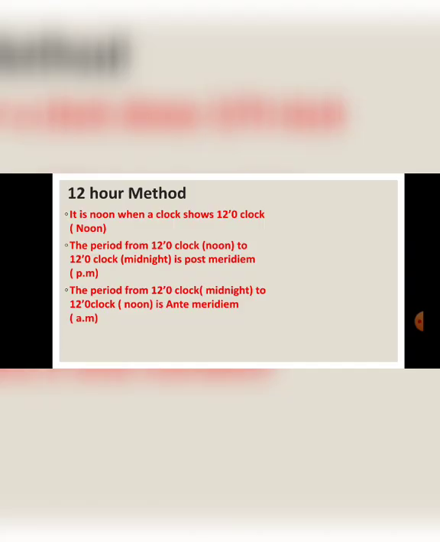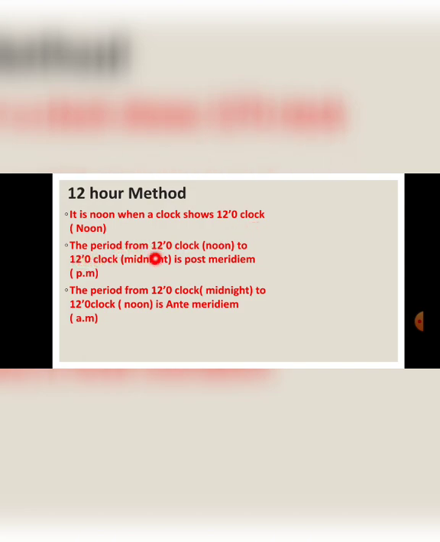Now to see the time, there are two methods. First is the 12-hour method. In that, we identify noon when the clock shows 12 o'clock in the afternoon. Noon means the afternoon. That means we are in the afternoon time.